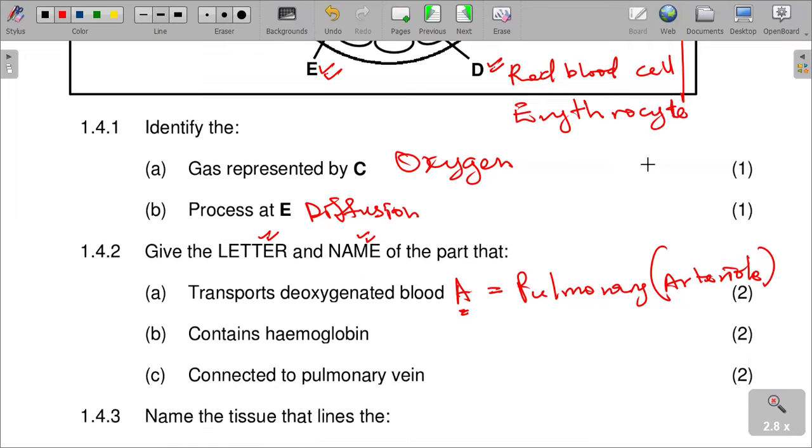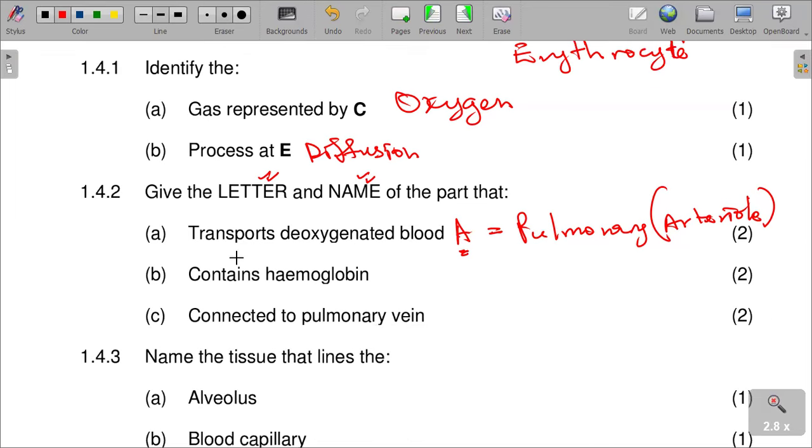So that is the letter which contains the hemoglobin: D, red blood cell, or erythrocyte. That is the correct answer.